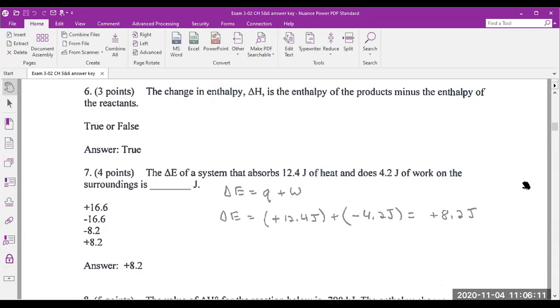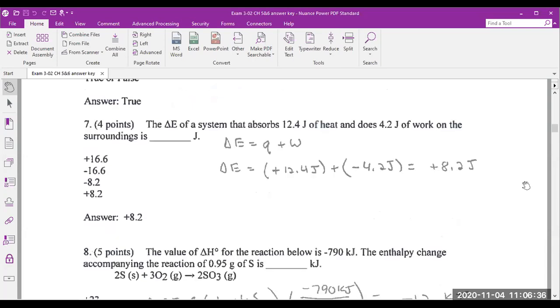The system was absorbing heat, so we don't change the sign on the 12.4 joules from the heat contribution, but the work was done on the surroundings, so that's exothermic, so you needed to change the sign to minus 4.2 joules. So if you did that and then did the math, you got a positive 8.2 joules.